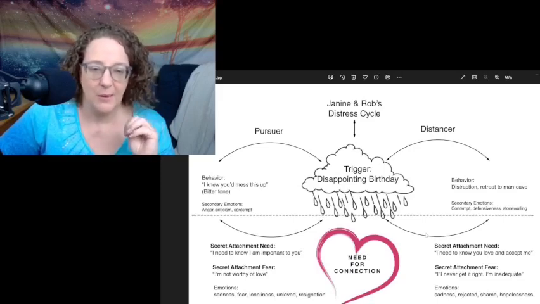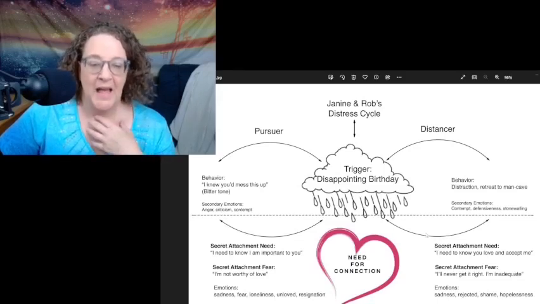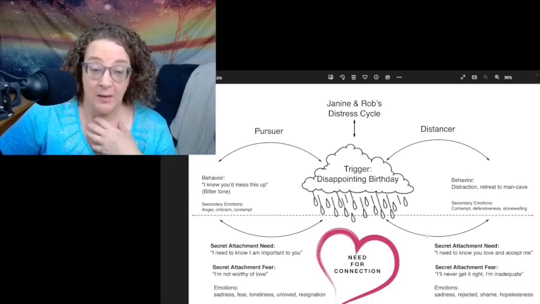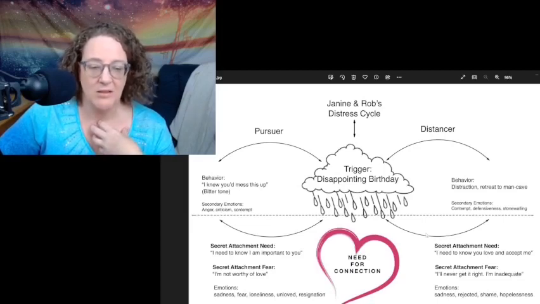I don't even know how I would guess whether it would be Rob or Janine, but whoever is on the receiving end of the pursuer behavior, of I knew you'd mess this up, has a fear of I will never get it right, and feelings of inadequacy. The feelings that they experience, primary emotion, sadness, rejected, shame, hopelessness. That is a cascade of very difficult feelings. And our body doesn't like that.